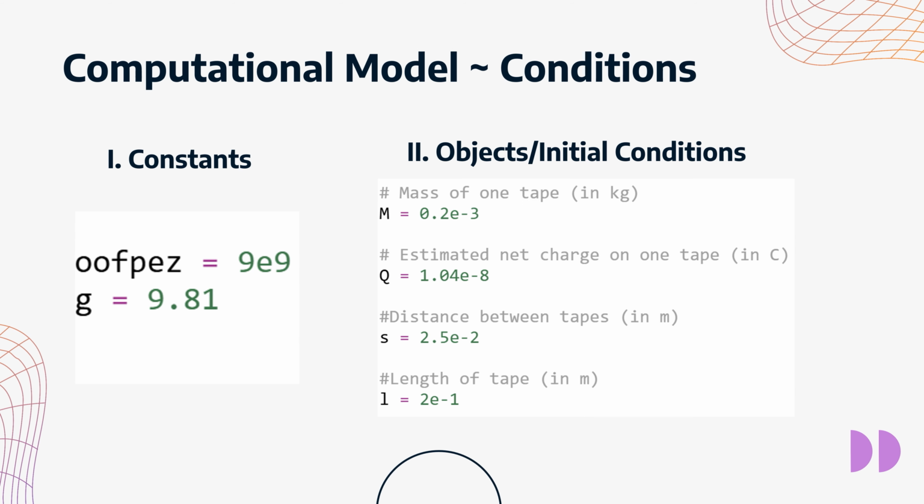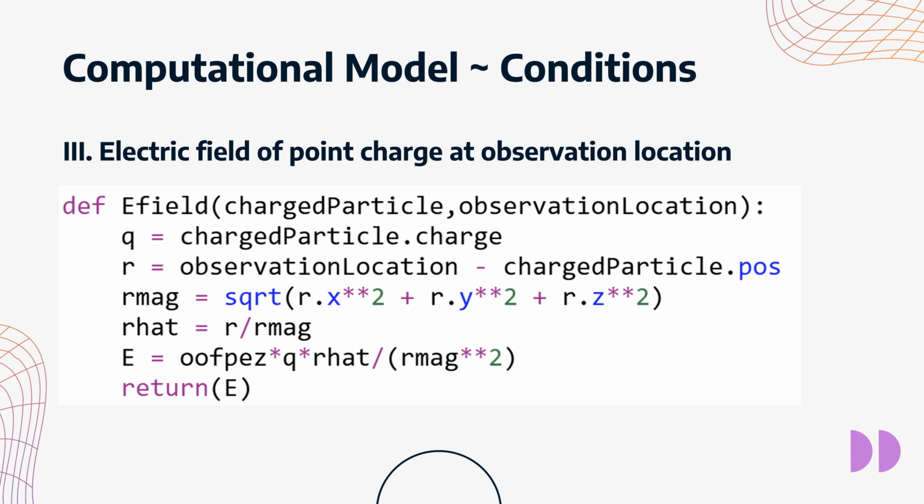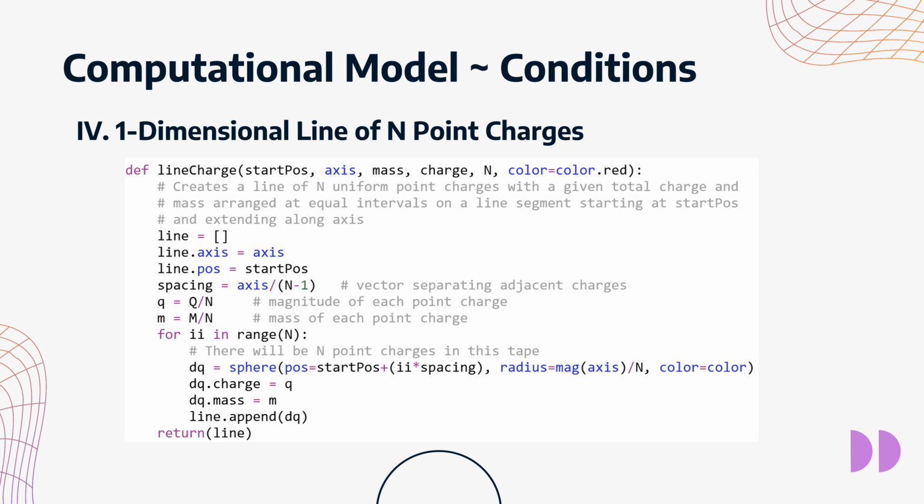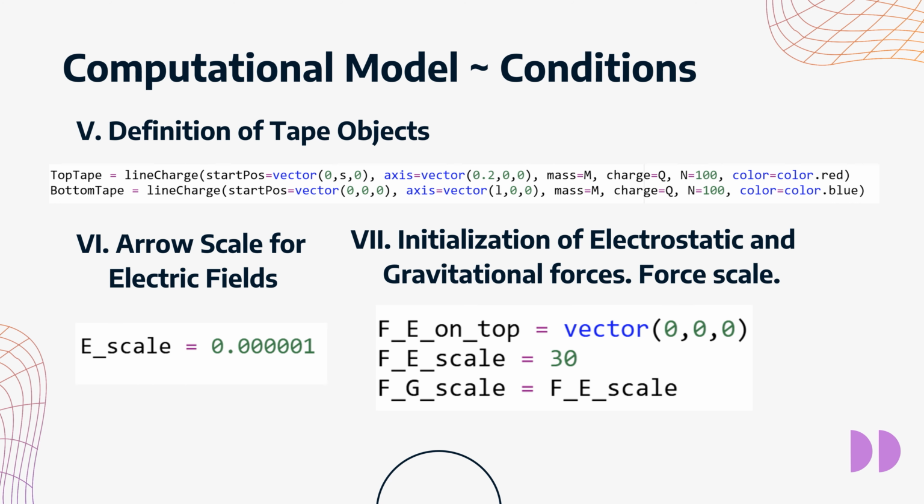In the model, some constants as well as objects and initial conditions are set. Then, a function for the electric field of a point charge at an observation location is defined. After that, two lines of 100 charges simulating the tapes are modeled. Then, the tape objects are defined and some scale factors are set.